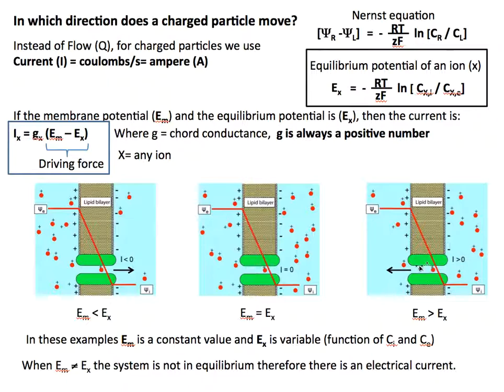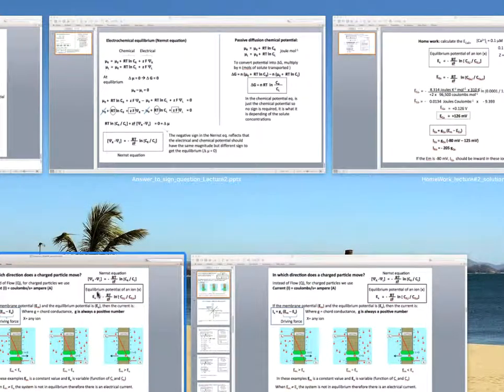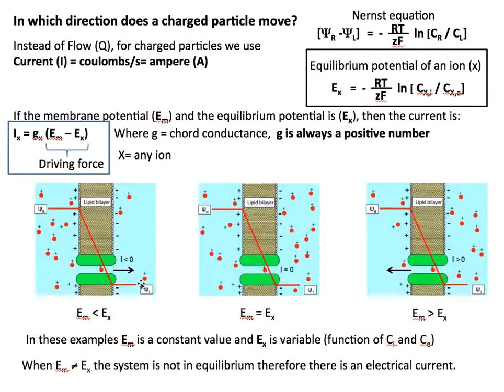So from right to left, positive ions are leaving, and that's because EM is greater than EX. EM less than EX, then you'll have a negative current. So I'm going to switch to the other PowerPoint. This slide fixes the typo, and this is the slide that we had. So here, this is where it's incorrect.